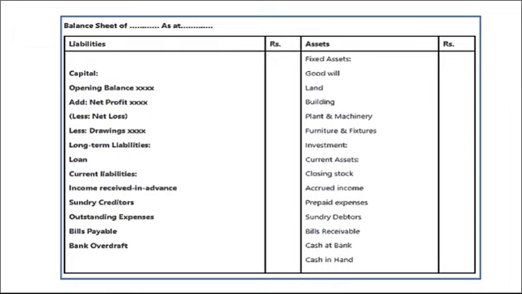After that, we present long-term liabilities, loans and other aspects. Then current liabilities: sundry creditors, bills payable, outstanding expenses, bank overdraft, income received in advance. These are the items normally we present in the balance sheet.